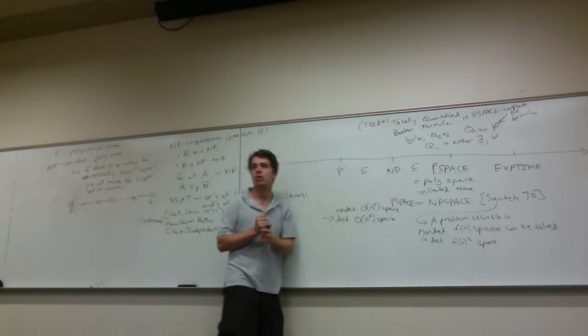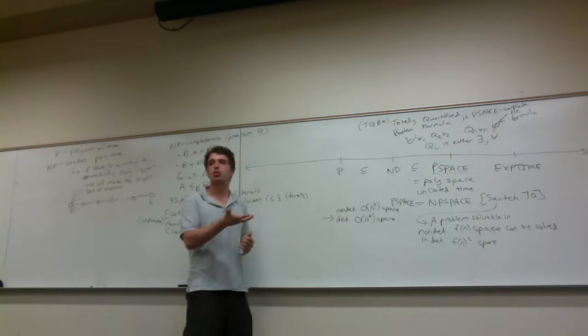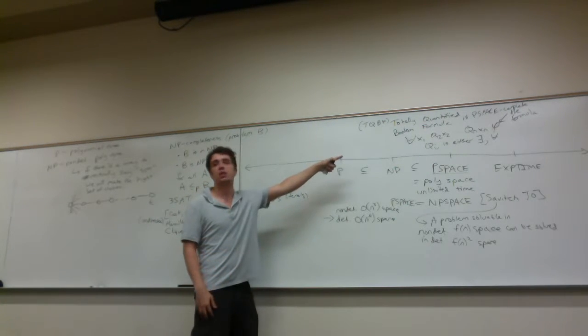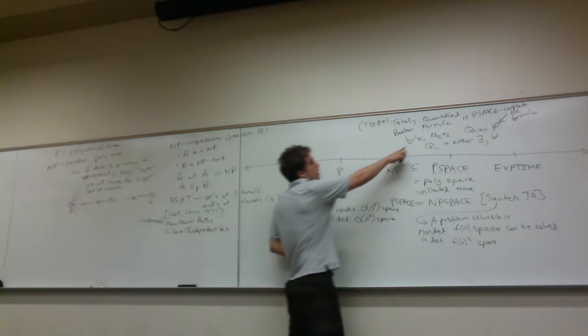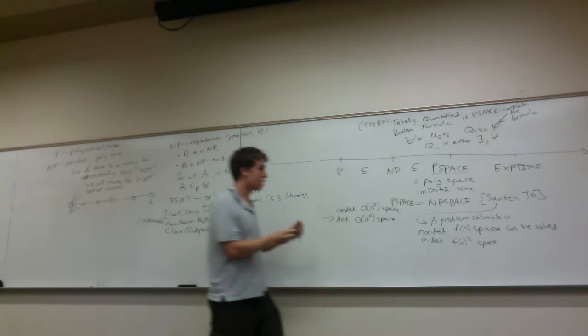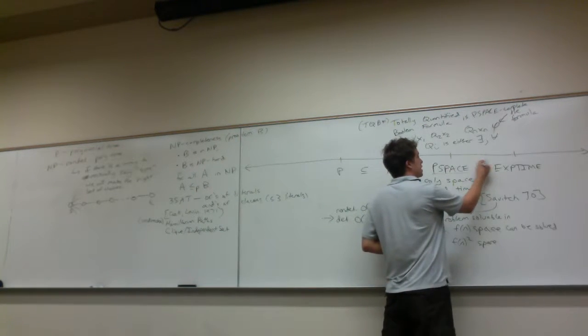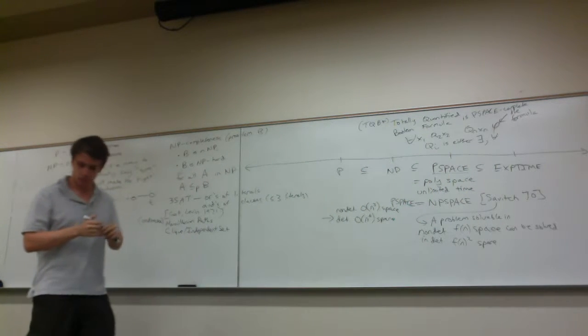So what can I do? I could just try all 2 to the n possible choices of x1 through xn, subject to the quantifier constraints, right? So that's actually an easy way to show that PSPACE is a subset of EXPTIME. Okay?